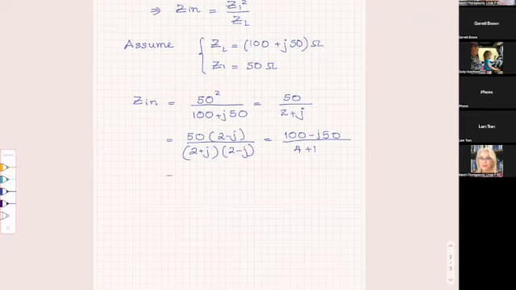So that gives 100 minus j50 divided by 5, which gives me that Z input is going to be 20 minus j10, in ohms.